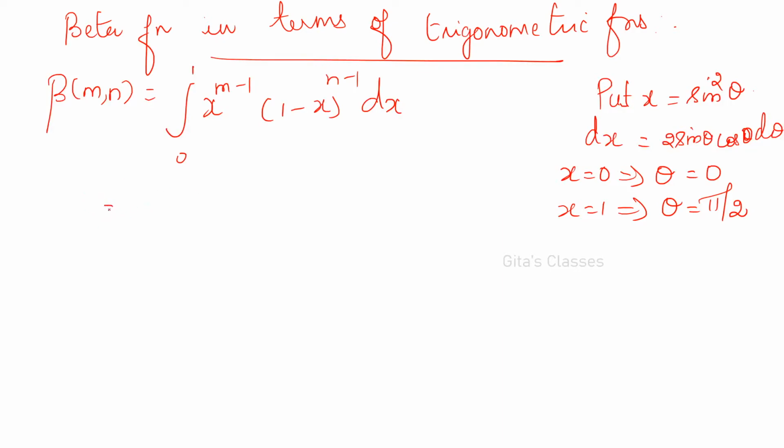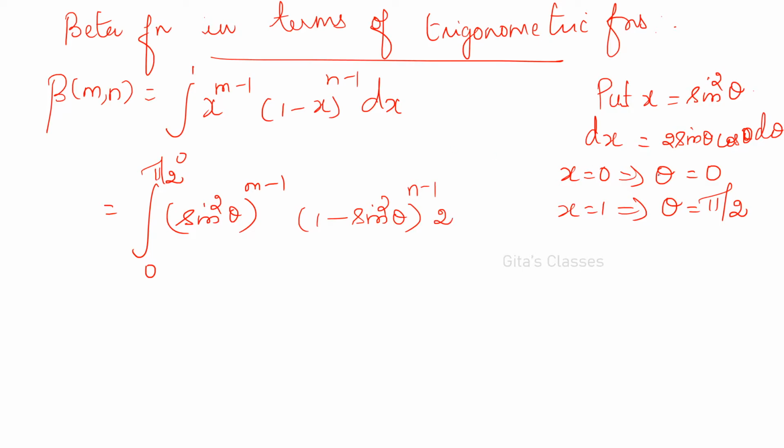Therefore, beta of m comma n is equal to the integral from 0 to pi by 2. Now in the place of x, what is the substitution I have made? Sine squared theta the whole power m minus 1, into 1 minus sine squared theta the whole power n minus 1, into dx, which is 2 sine theta cos theta d theta.